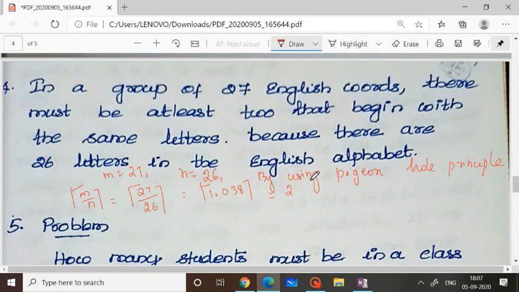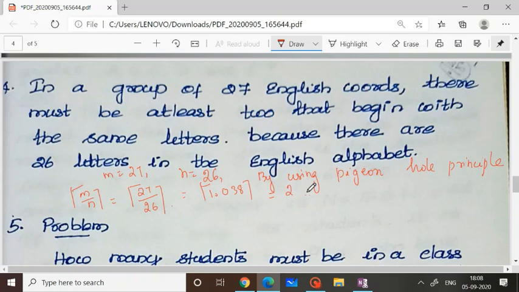So therefore we can say that here there are 27 English words and there must be at least 2 that begin with the same letter. All the other words are distinct, but only one is repeating. Repeating means that it repeats any of the English letters; repetition is allowed here.